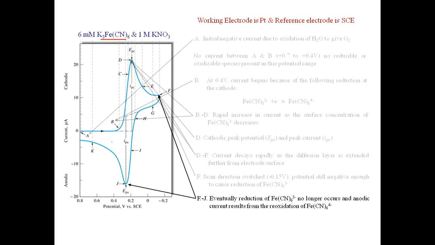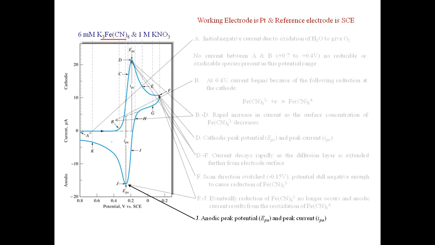Whatever ferrocyanide is generated in the above reaction undergoes oxidation again. So the ferrocyanide converts into ferricyanide and it generates an anodic current. So from H to J, the current increases, and this current is the anodic current, given as IPA, that is the peak current, and EPA is the anodic peak potential, right?